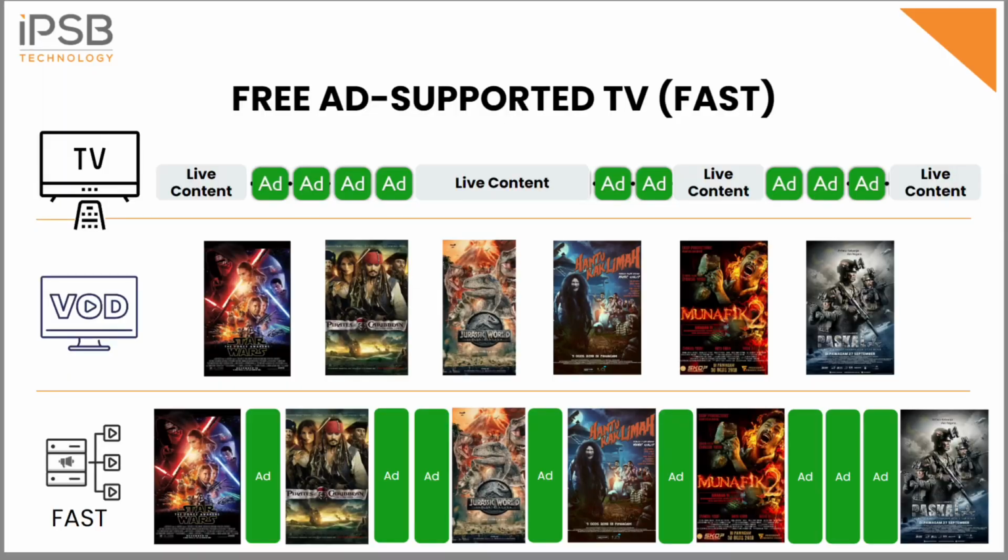So just to give you an example, so live television, the normal live that you all know and aware of, the video on demand is the video on demand that you used to, but the FAST is actually a linear channel where we take all your video on demand and make it as a stream live linear channel. So this is FAST, whereby we'll be able to give them the opportunity to watch your content, have a taste of your content, but without subscribing any services. You're just going to make money from the advertisement.